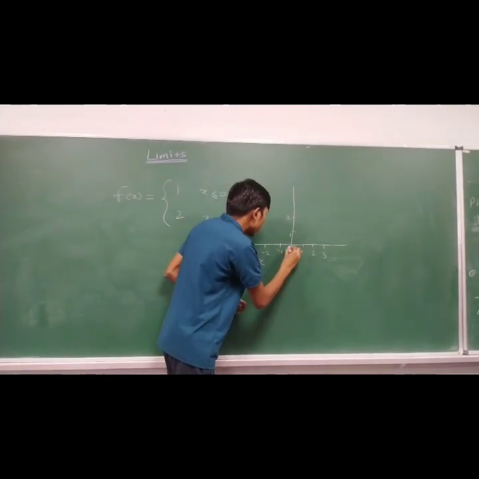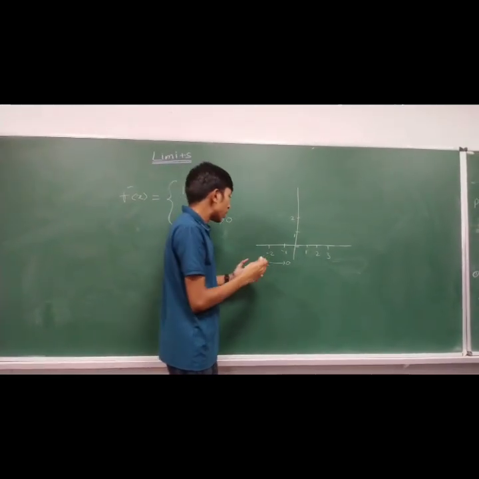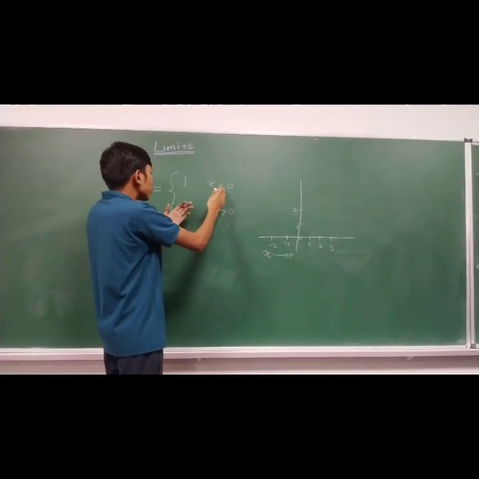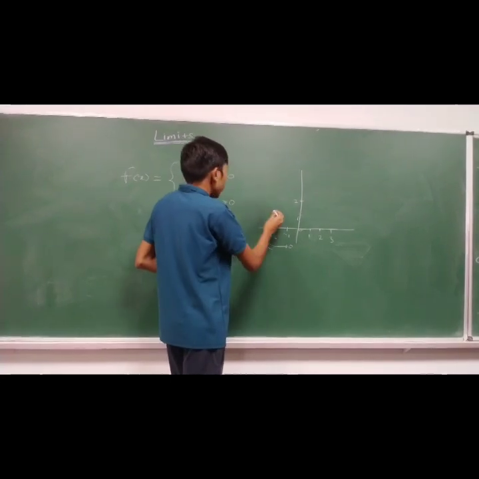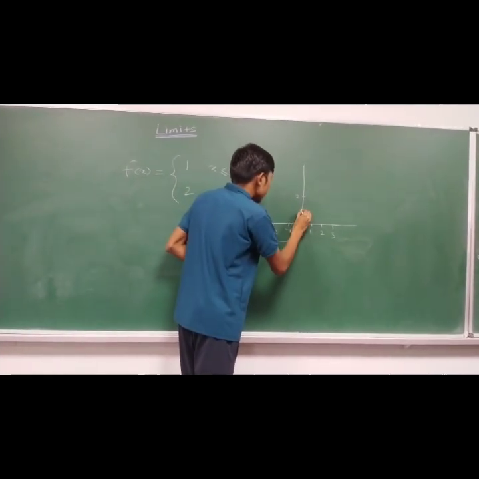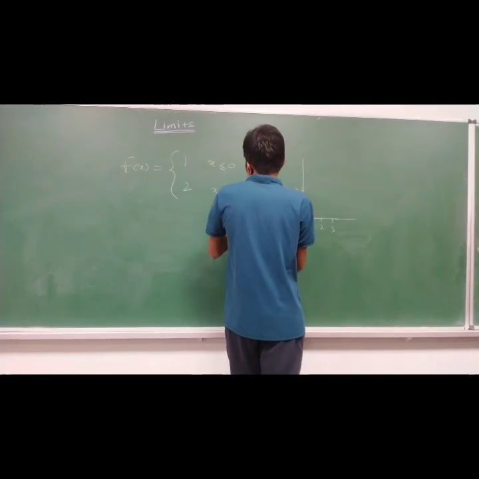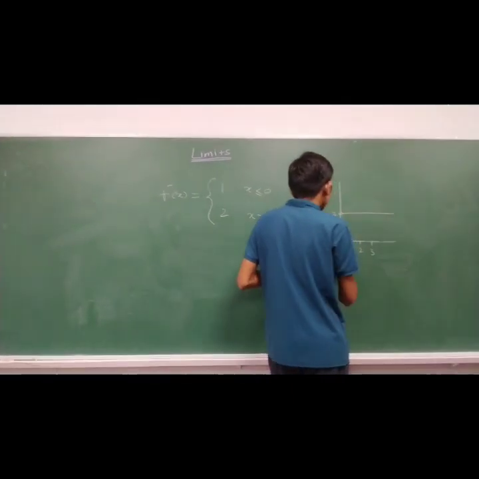Now when x is going to 0, I first have to draw the graph of the function. The function looks like this when x is less than or equal to 0 and when x is greater than 0.